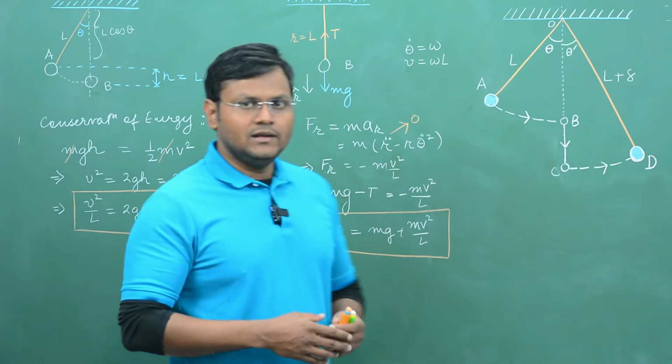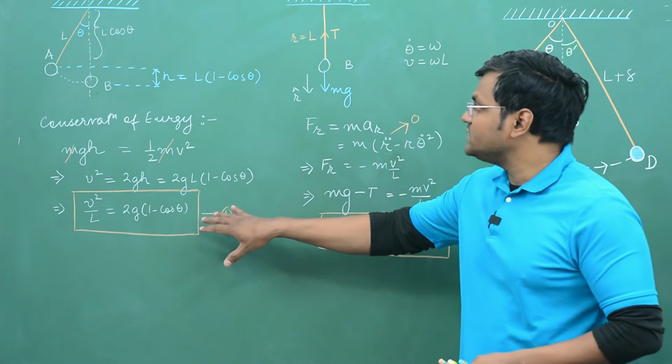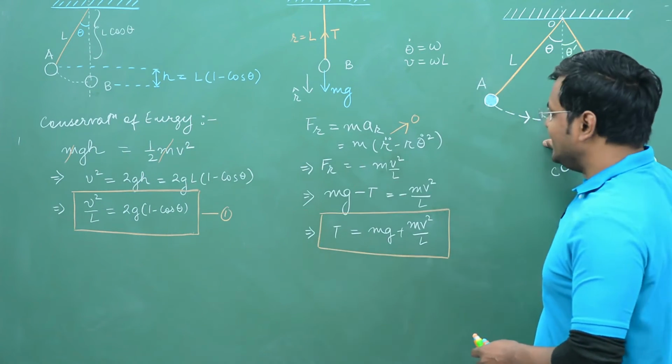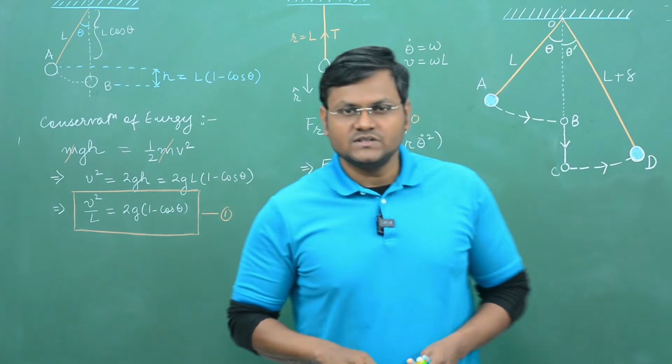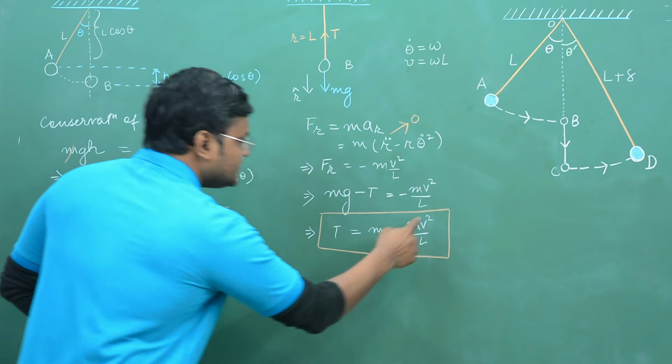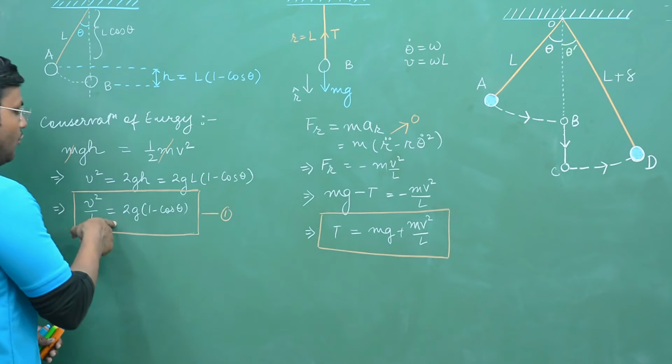So what have we done till now? We have figured out the nature of the speed at the point where the slip happens, and the tension in the string at that point. The reason being, I want to replace this v squared upon L from point number 1.